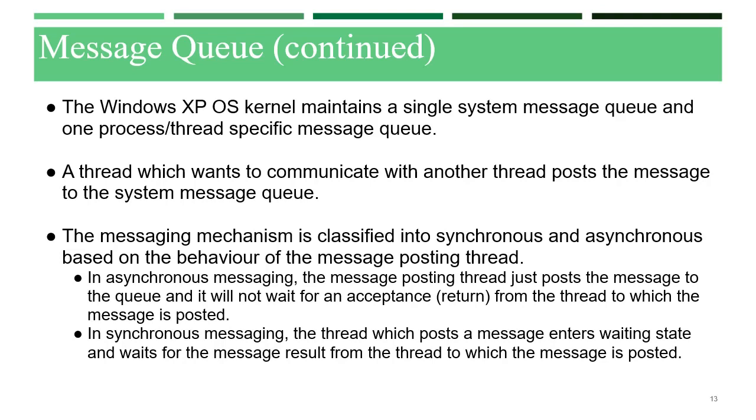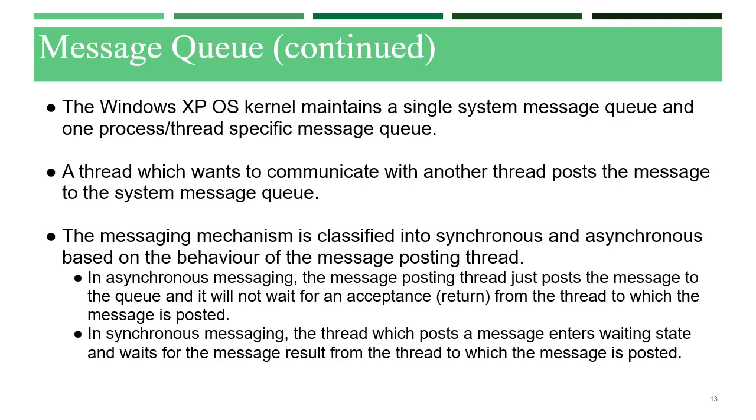So if any thread wants to communicate with another thread, it just posts the message to the message queue. Then the kernel will pick up this message from the system message queue one at a time, and it examines the message for finding the destination thread, to which thread the message has to be passed. Everything will be examined by the kernel, and then it posts the message to the message queue of the corresponding thread.